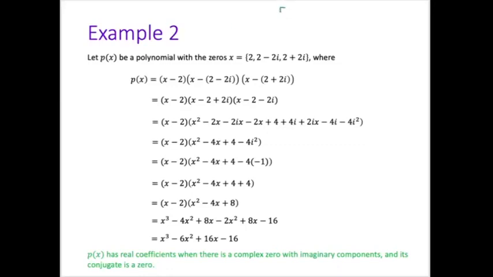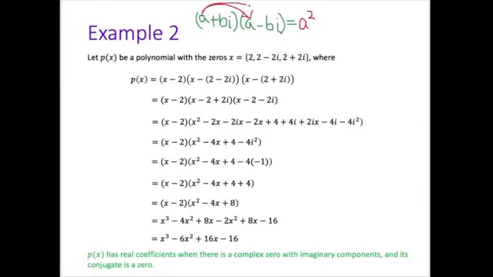Let's say we have a plus bi, and we multiply it by its conjugate, a minus bi. When we distribute, we have a times a, which is a squared.